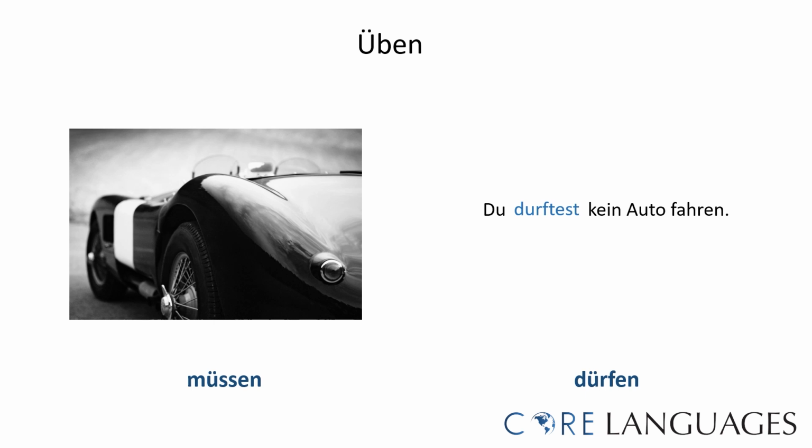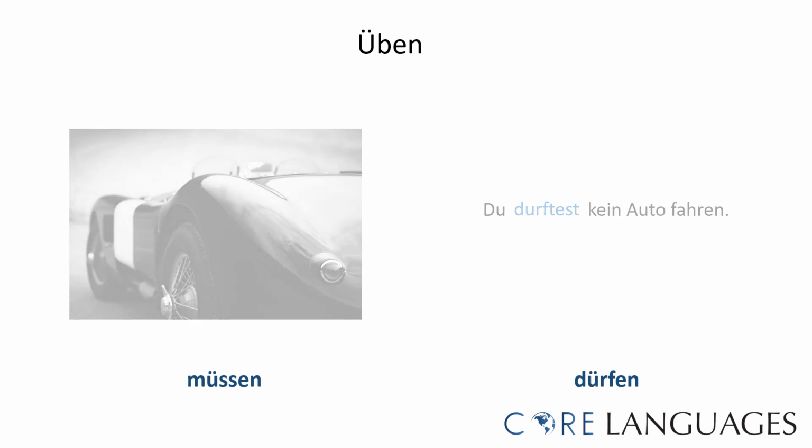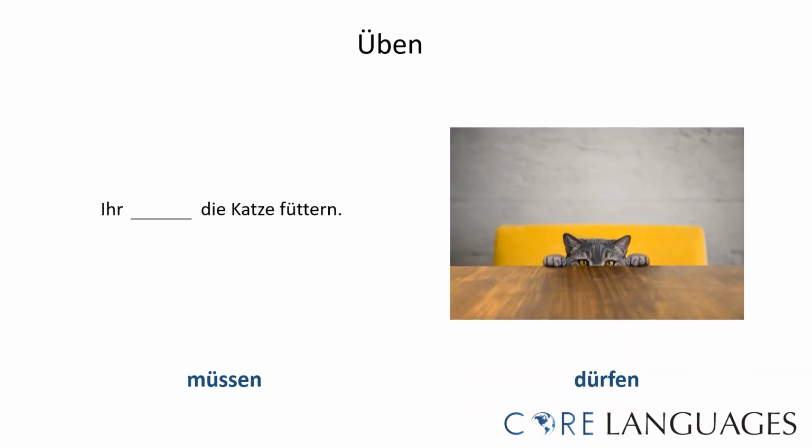You were not allowed to drive a car. Ihr die Katze füttern. The correct modal verb is müssen, and müssen in the simple past for the subject ihr is musstet. Ihr musstet die Katze füttern. You had to feed the cat.